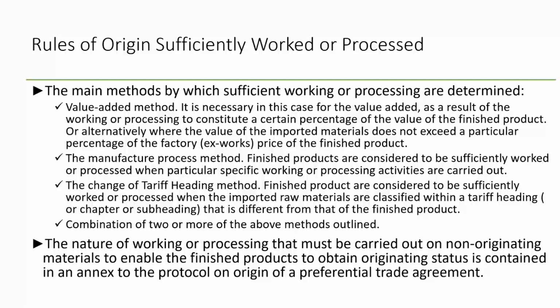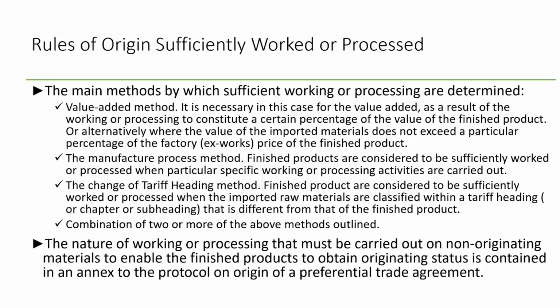There are other types of rules that can apply as well. So the manufacture process method: finished products are considered to be sufficiently worked or processed when particular specific working or processing activities are carried out. So an example of that would be yarn, where if I was making clothes, I would have to turn them into the finished product.